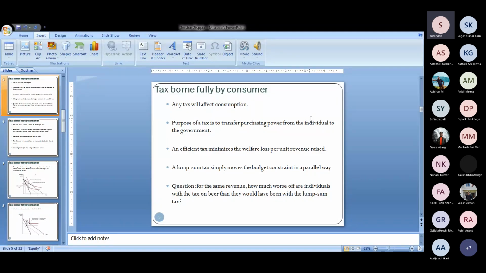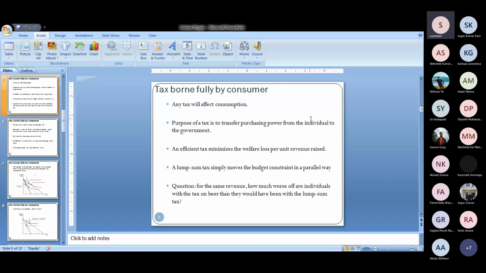First thing first, whatever the tax may be, whichever type of tax it may be, it will affect my consumption. That is for sure. One. Second thing is the moment a tax is imposed by the government, the purpose of such imposition of tax is nothing but to shift some oranges from Friday to the government.